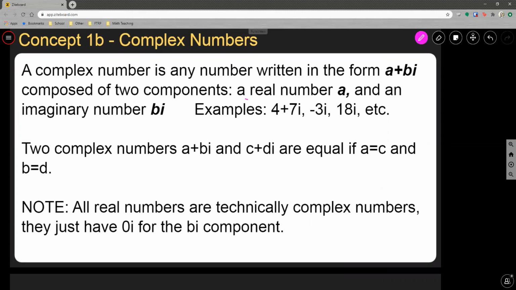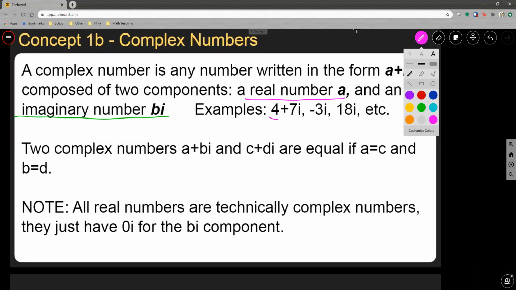We've got a real number in the form of a, so just any real number, whatever it is, and an imaginary number in the form b times i. So examples here are, we've got our real part 4, that's the only real part in these, and then we have the imaginary parts, 7i, negative 3i, 18i, etc.